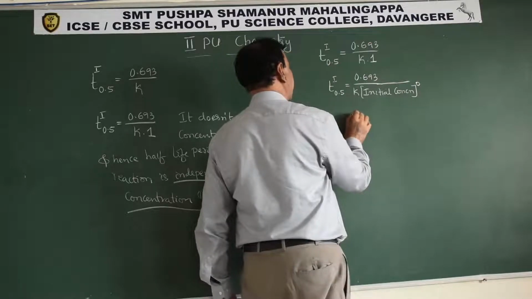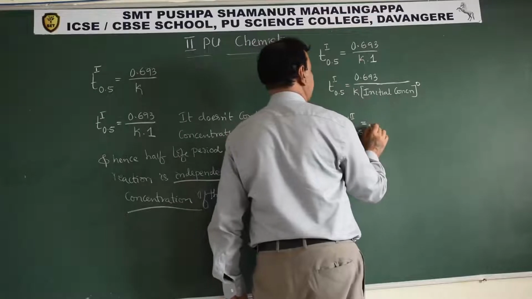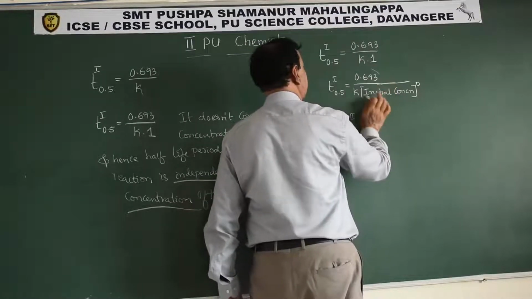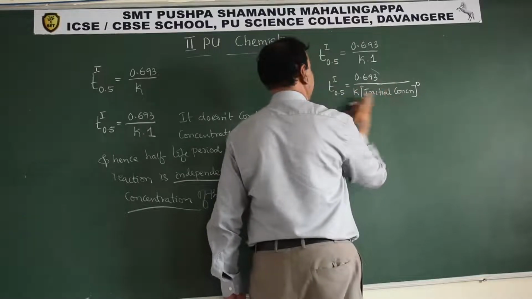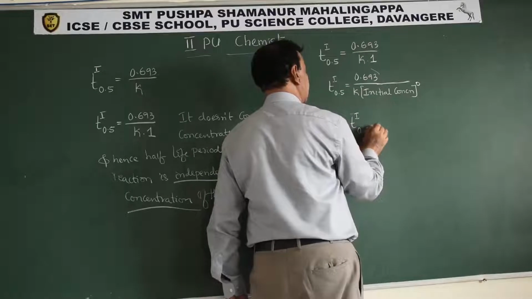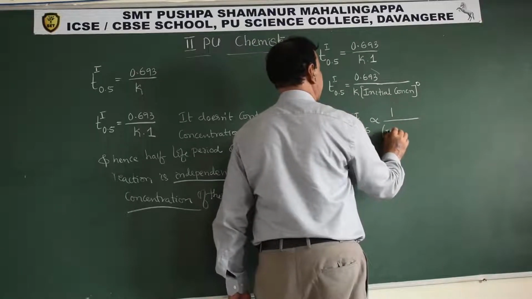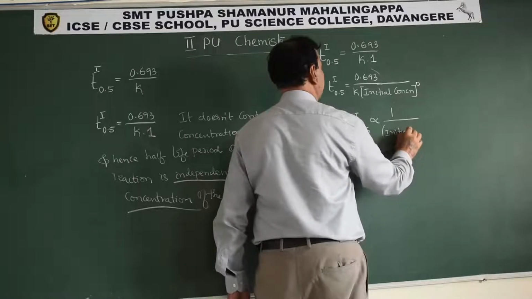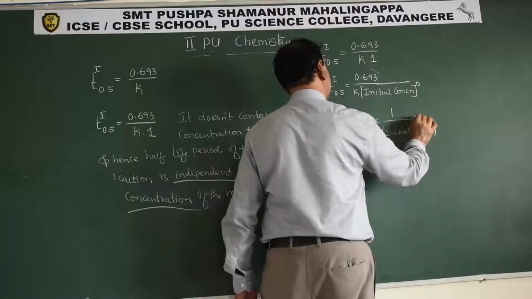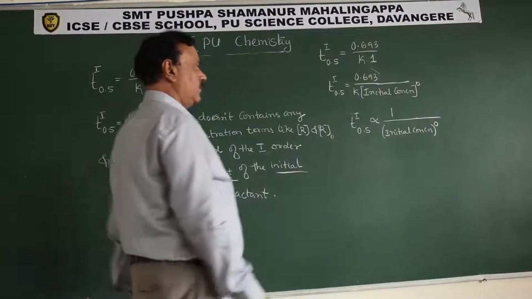If it is a second order chemical reaction, then it changes. Therefore, the half-life period of the first order reaction is inversely proportional to the 0th power of the initial concentration of the reactant.